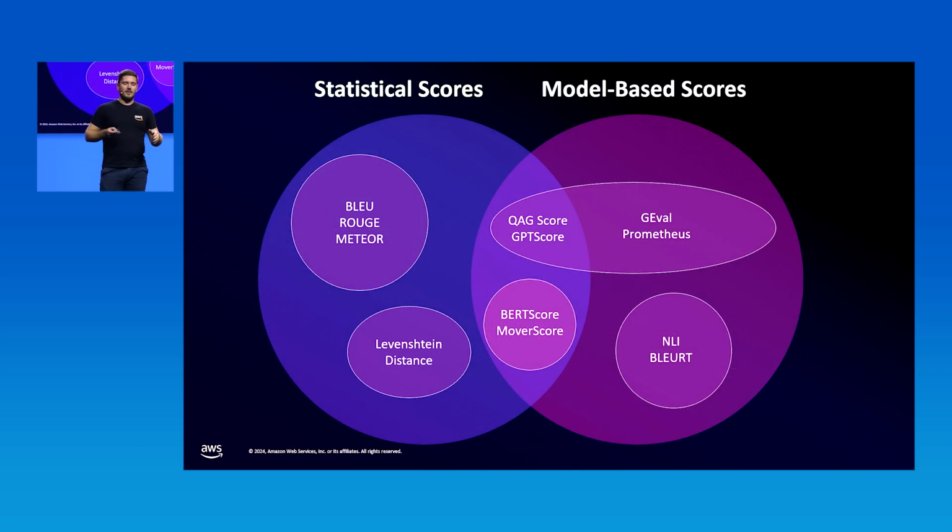At the moment, there are two big groups, let's say, of metrics that you would usually choose from. One group is the statistical scores or metrics, the synonym here. And the other group are the model-based scores. And let's start with the statistical scores. They are really good because they are quite reliable, as they are working with statistical methods to evaluate your outputs.